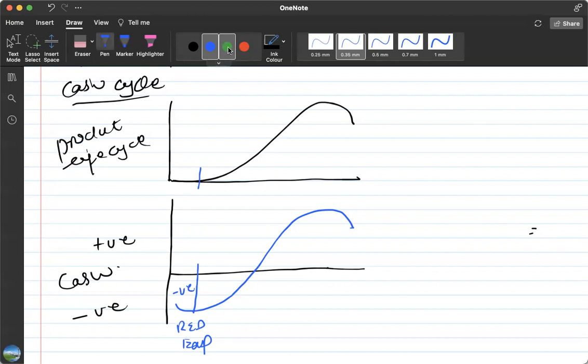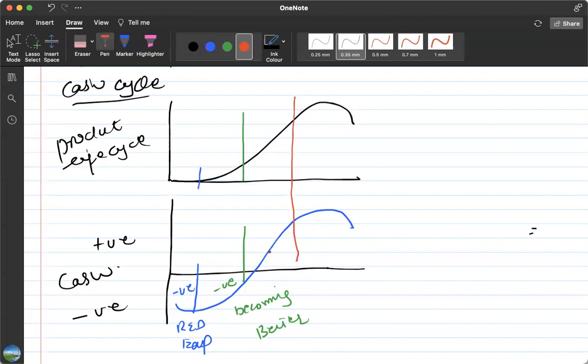At the stage of introduction, the cash is still negative, but it's becoming better because a few sales are coming. It's not that it keeps getting worse, it's improving. But as we enter the growth stage, the cash becomes immediately positive.